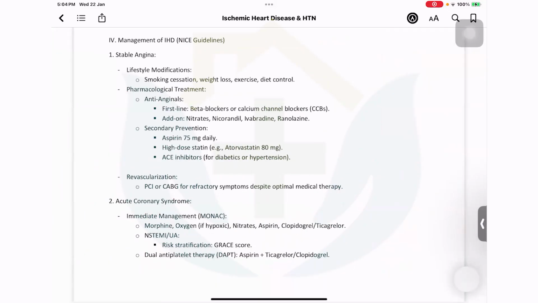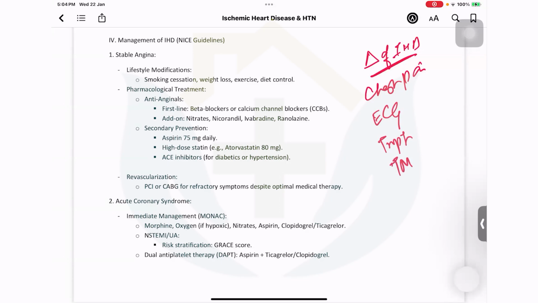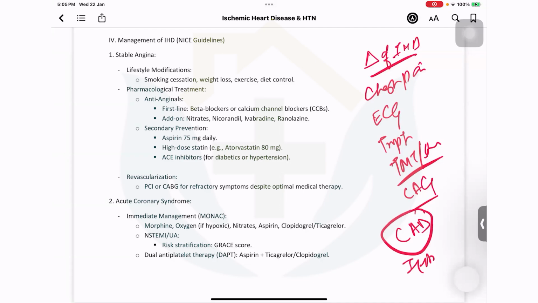So you have made a diagnosis of ischemic heart disease. How? The patient had chest pain, you did an ECG, you did troponins, you did a TMT or a stress test, and you made a diagnosis. You did a coronary angiogram also. You made a diagnosis that your patient has coronary artery disease or ischemic heart disease.